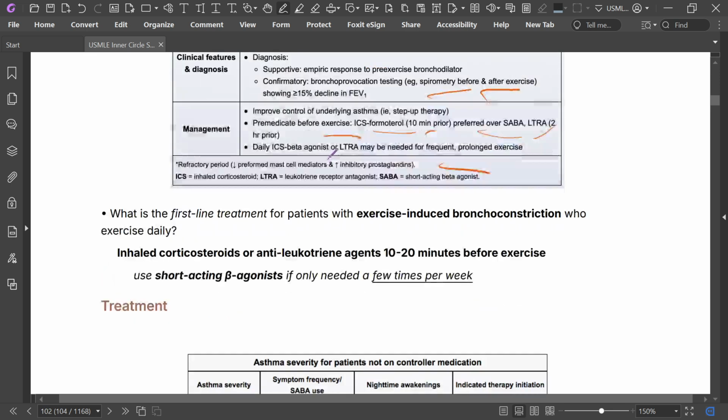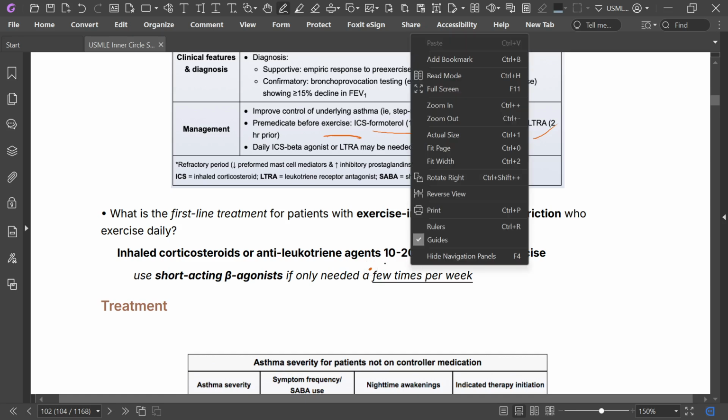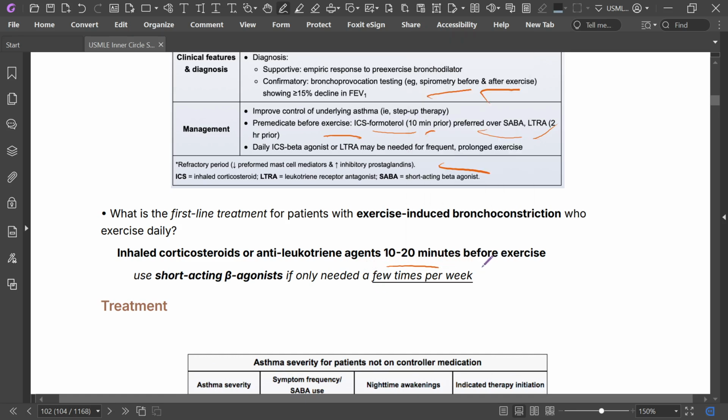What is the first line treatment for exercise-induced bronchoconstriction in those who exercise daily? Inhaled corticosteroid and anti-leukotriene agent 10 to 20 minutes before exercise, and use a beta agonist only if needed a few times per week.